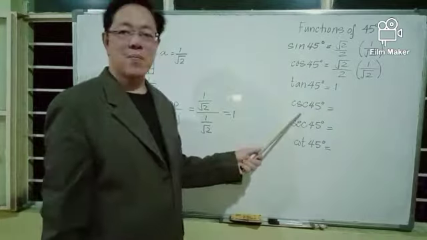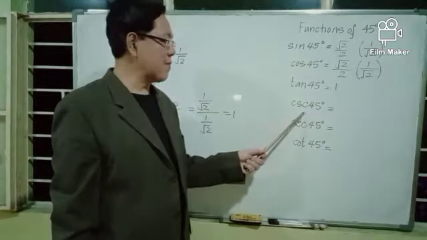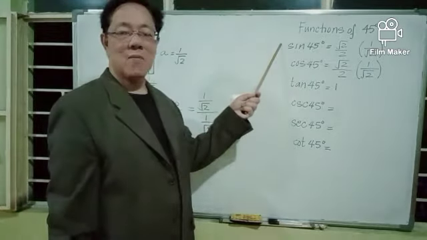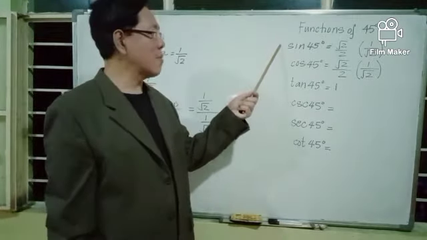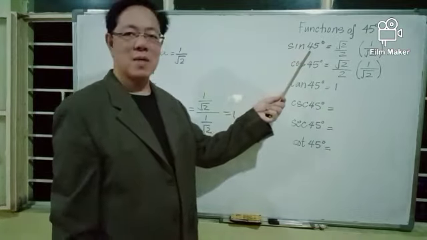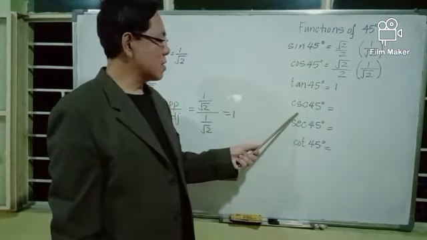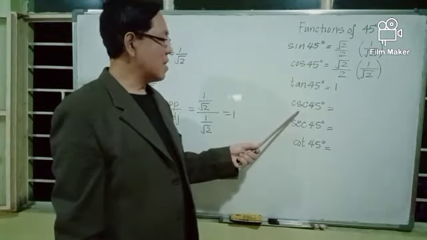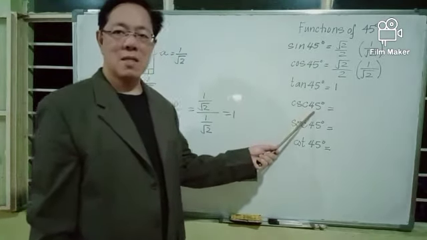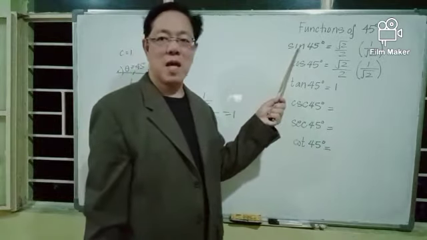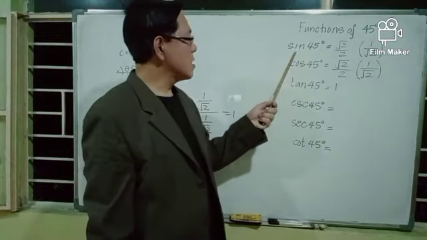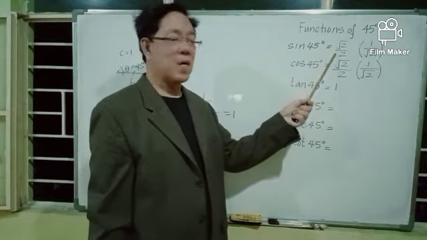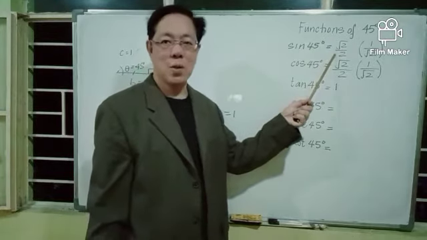The values of the last three trigonometric functions of 45 degrees are obtained from the values of the first three trigonometric functions of 45 degrees. We know that cosecant is the reciprocal of sine. Hence, the value of cosecant of 45 degrees is the reciprocal of the value of sine of 45 degrees. The sine of 45 degrees is equal to square root of 2 divided by 2 as we have shown.